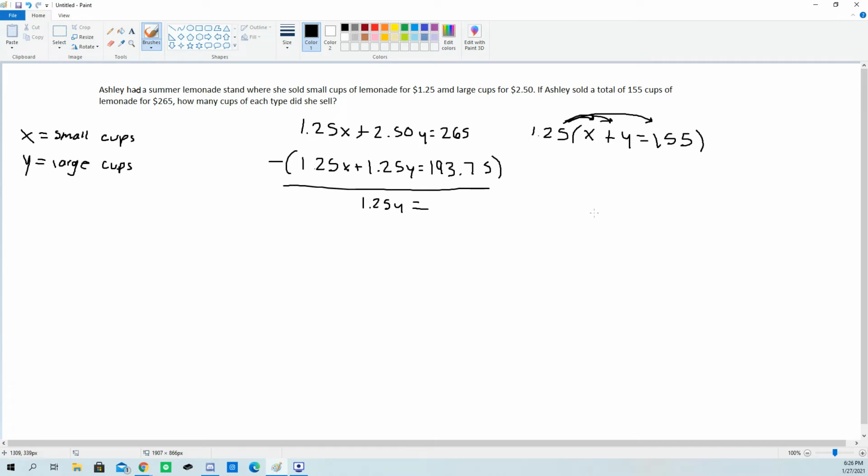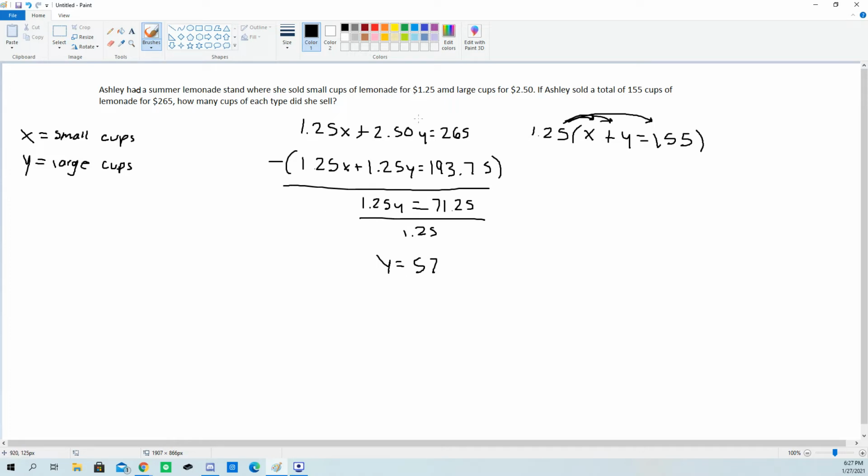And then subtract those two, 265 minus 193.75 equals 71.25. Then we're going to divide both sides by $1.25. Get that y equals 57. Awesome sauce.